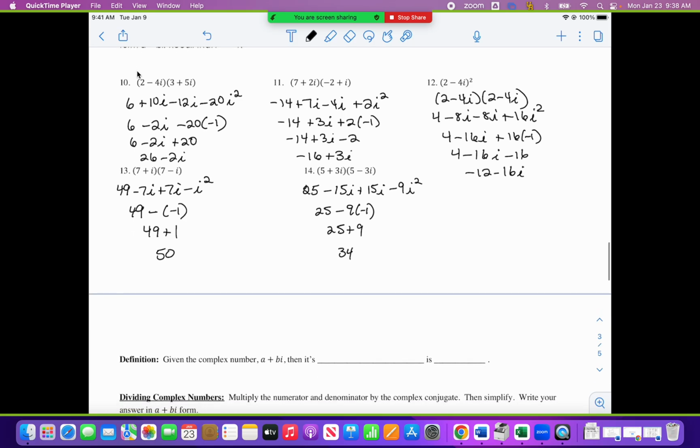Here's a big idea. If you take in general a plus bi times a minus bi, this is going to give me a squared minus abi plus abi minus b squared i squared.